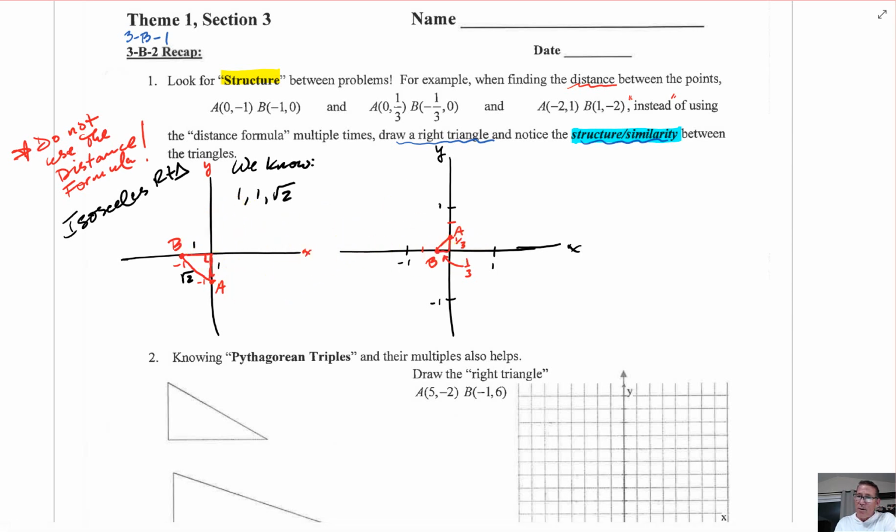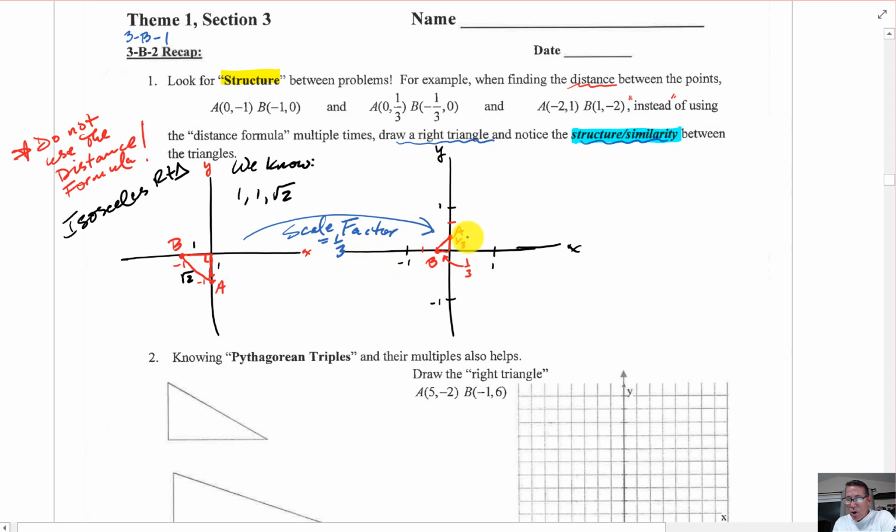Okay, so the scale factor, if you want to talk about scale factor right now, this is from geometry. So the scale factor is equal to 1/3. This is 1/3 as long in all the dimensions or the side lengths. So predict what the hypotenuse would be.